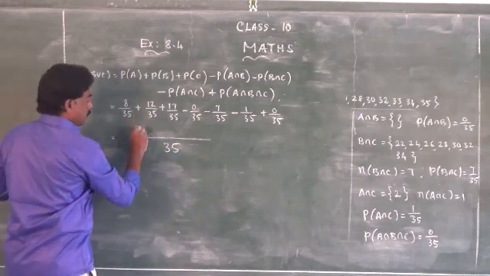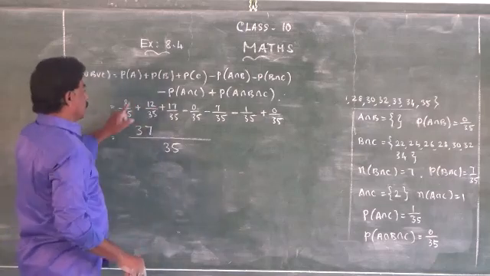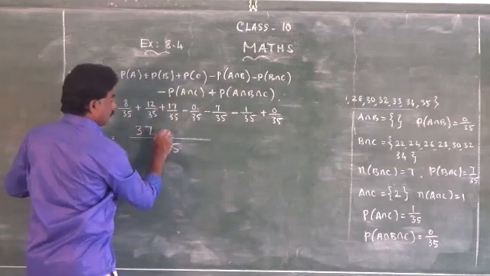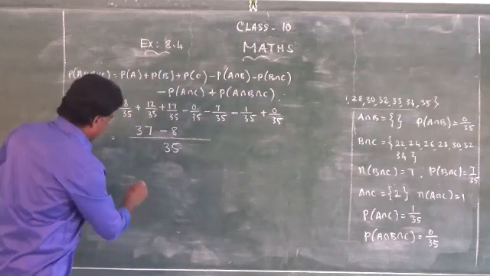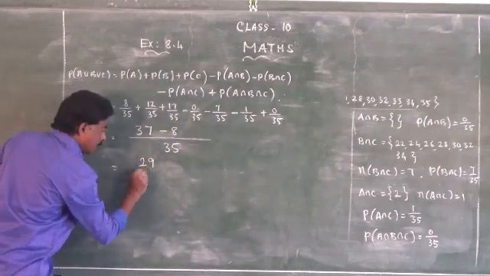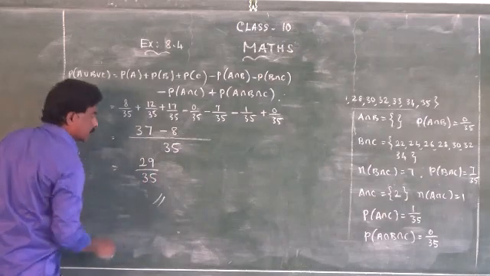So 37 when you add all the positives, minus 8, you'll get 29/35. So 29/35, that's the answer.